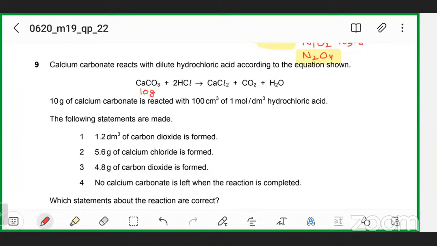First, tell me the moles of both. Okay, what is 10 grams of calcium carbonate? How many moles is this? What is the formula? Mass divided by molar mass. Yes, mass over MR. Calcium is 40, carbon is 12, and oxygen is 16.